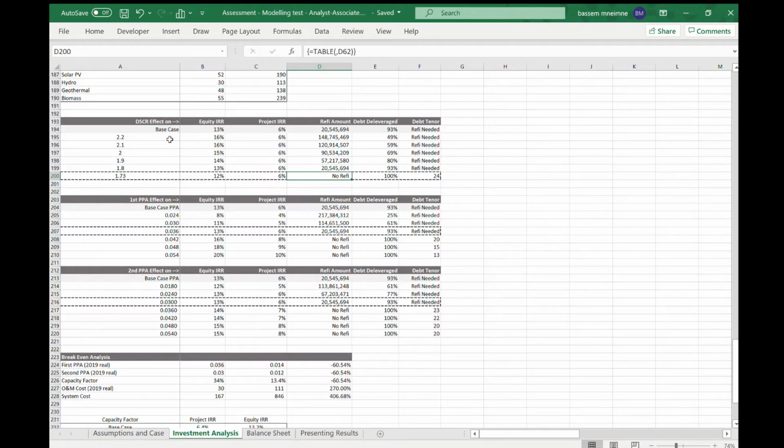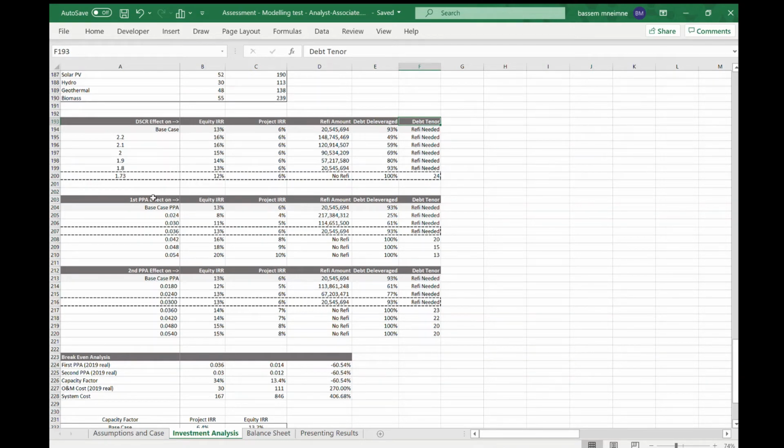A refi, basically at the end of the period, would I need to refinance my project loan with another bank to pay back my previous loan? And this is the percent of how much of the loan is being paid down by the end of the operations of this project.